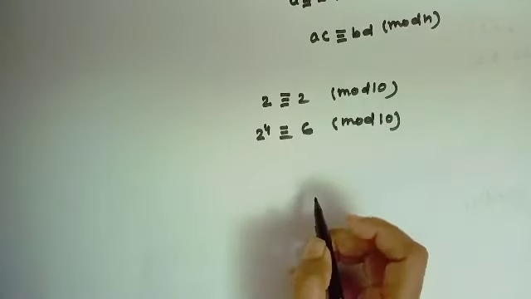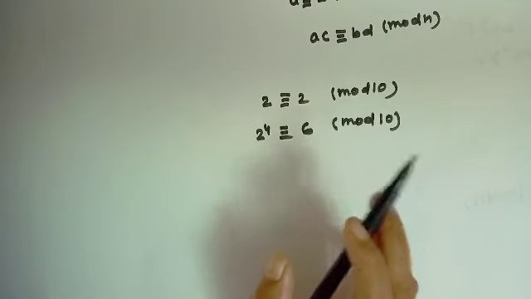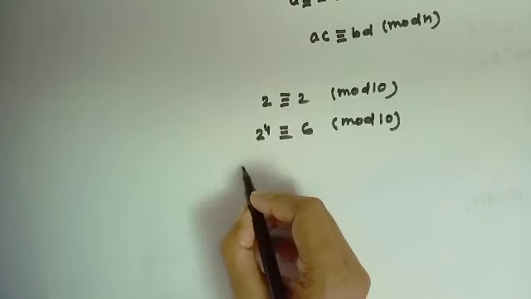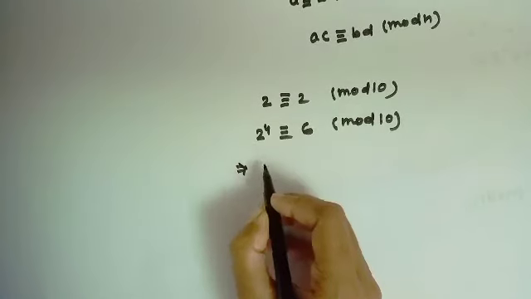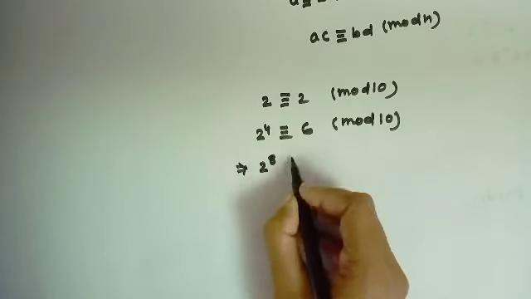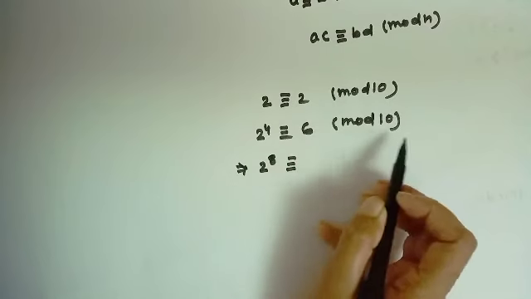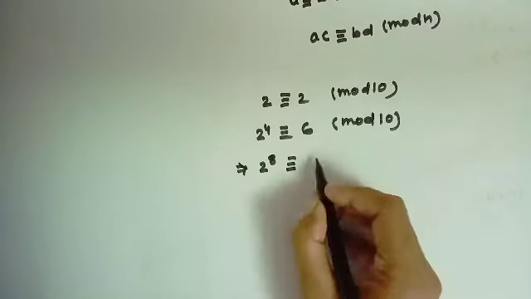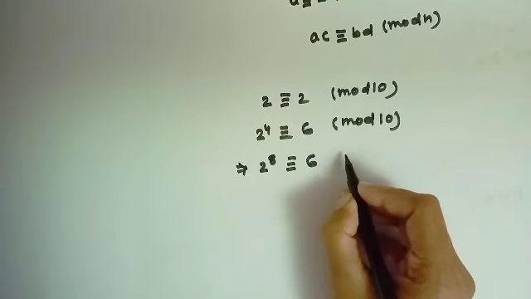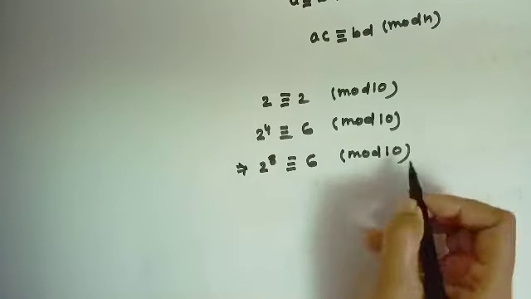If you square both sides, what will you get? 2 to the power 8 will be 36, which is also congruent to 6. That means this will be 6 modulo 10.